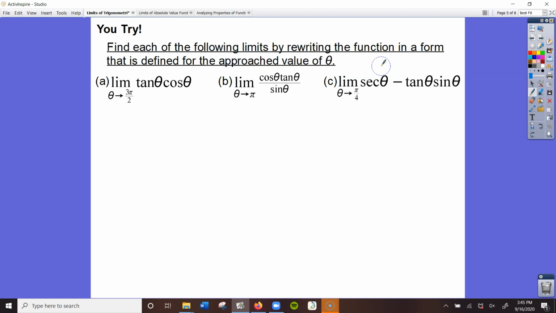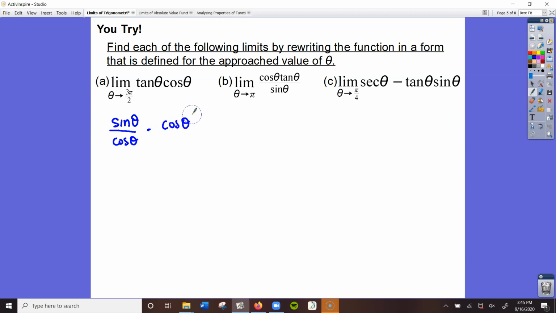I like to follow a routine because that way I stay consistent and it's easier to do over time since you're practicing doing the same thing. So I'm always going to rewrite it in terms of sine and cosine only. So tangent is sine of theta over cosine theta, and we're going to multiply it with cosine theta.